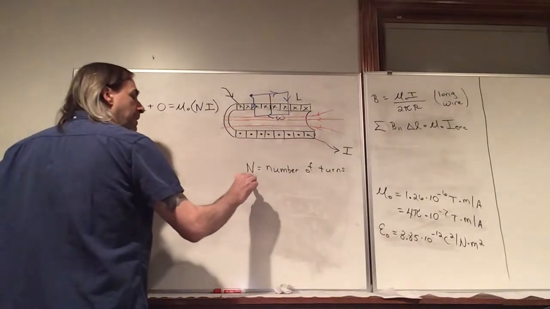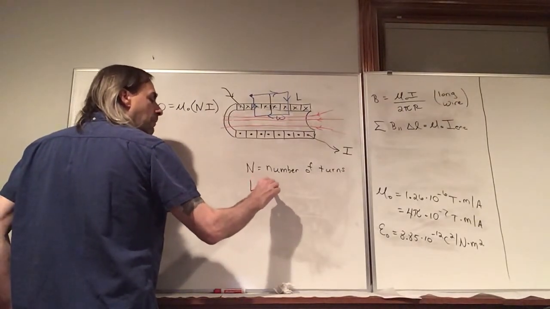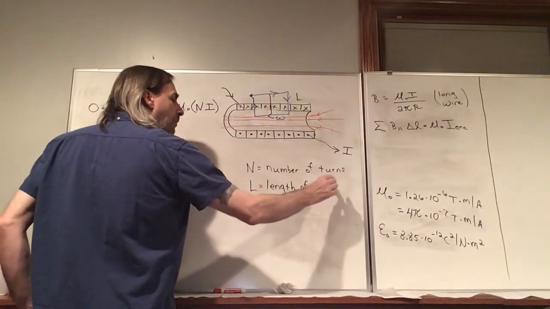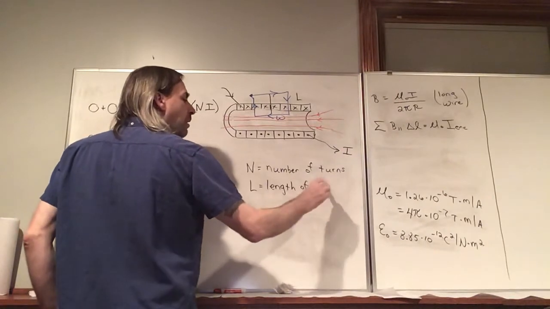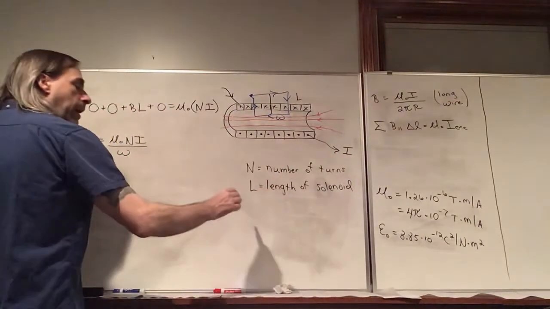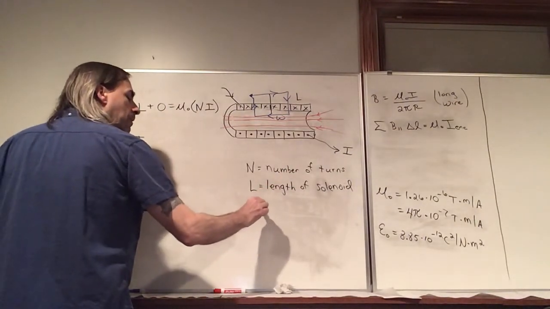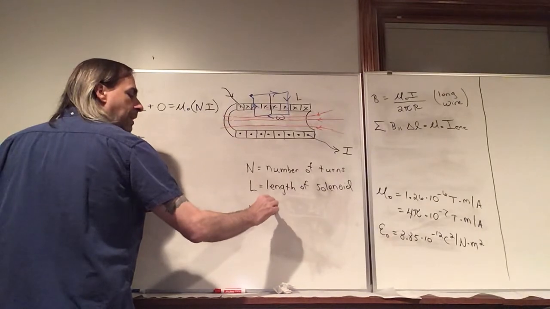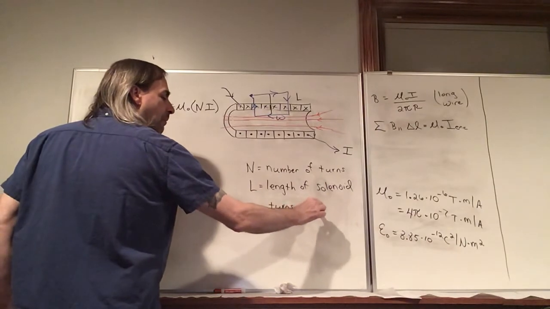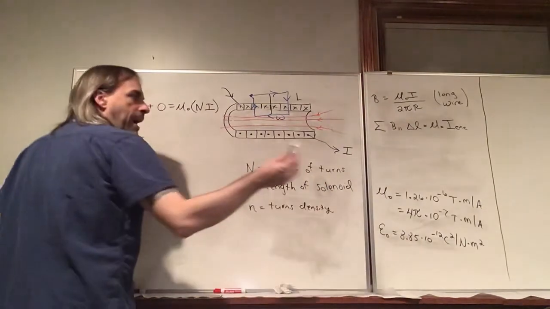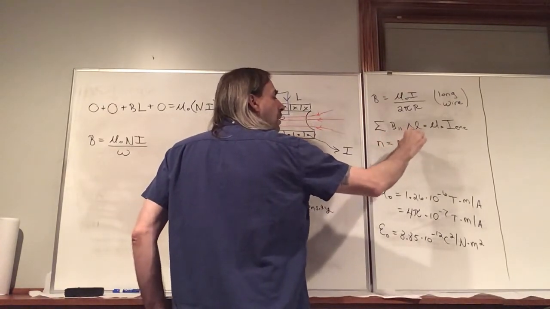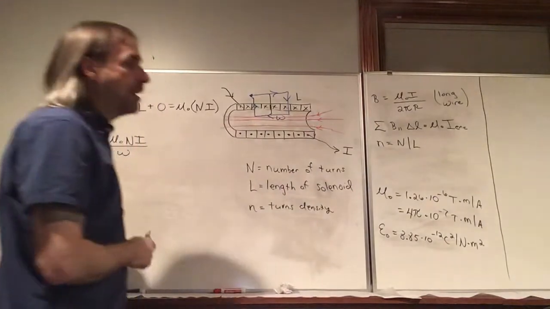L is the length of the cylinder, or I'll just say the length of the solenoid. And we're going to define little n to be the turn density. So what I'm going to write down here, little n would be big N over L.